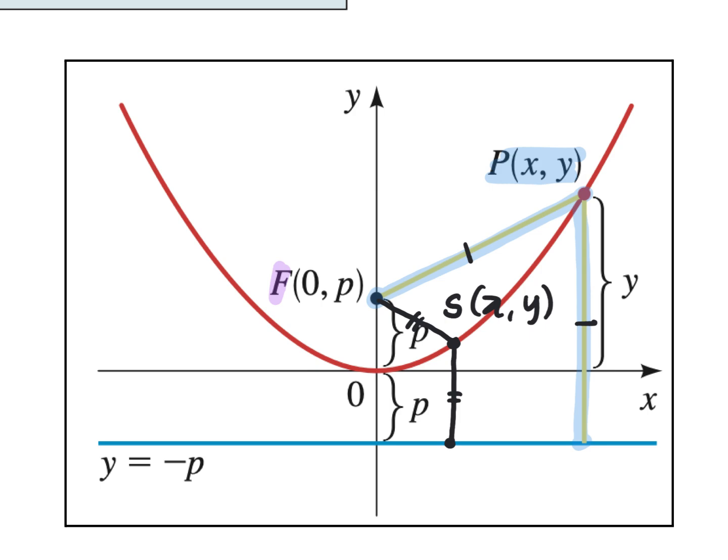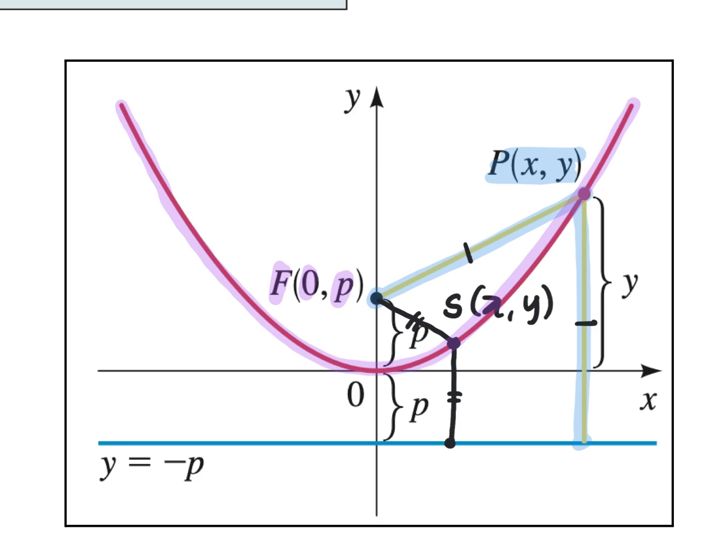Since we are looking at a parabola that is concave up, or it can also be concave down, meaning it can be opening downward, the focus is located on the y-axis, so the focus coordinate is (0, p). The p represents the value of the y-coordinate for the focus.